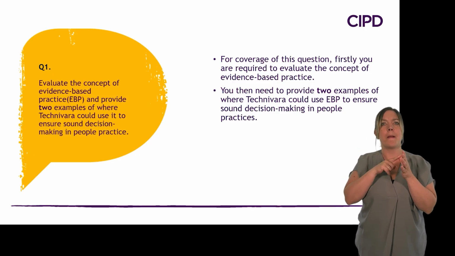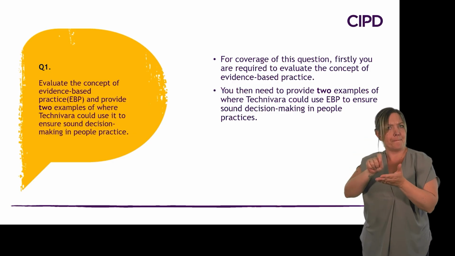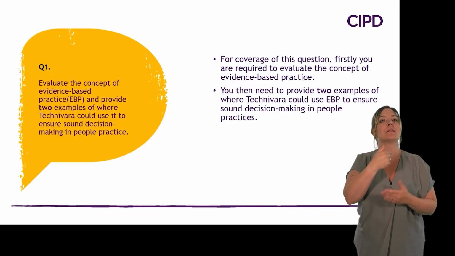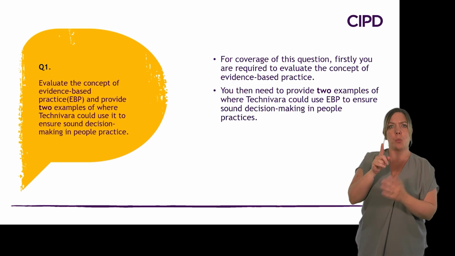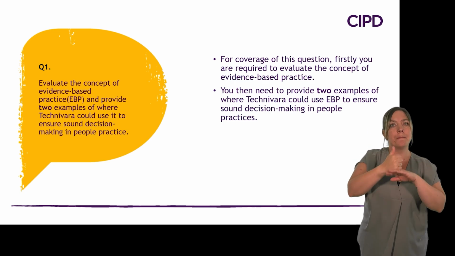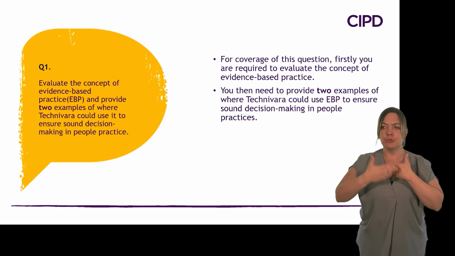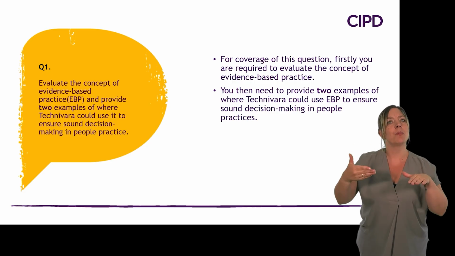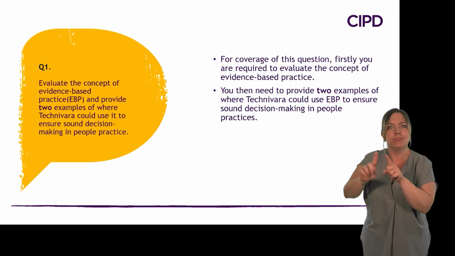So I suggest looking at the work of Briner, Russo and Briner and Behrens, as these do some quite substantive writing in this area. The second part of this question requires you to provide 2 examples where Technovara could use evidence-based practice to ensure sound decision making in people practices. So we need to consider here where we would use a range of different data sources so that similarity can be investigated.